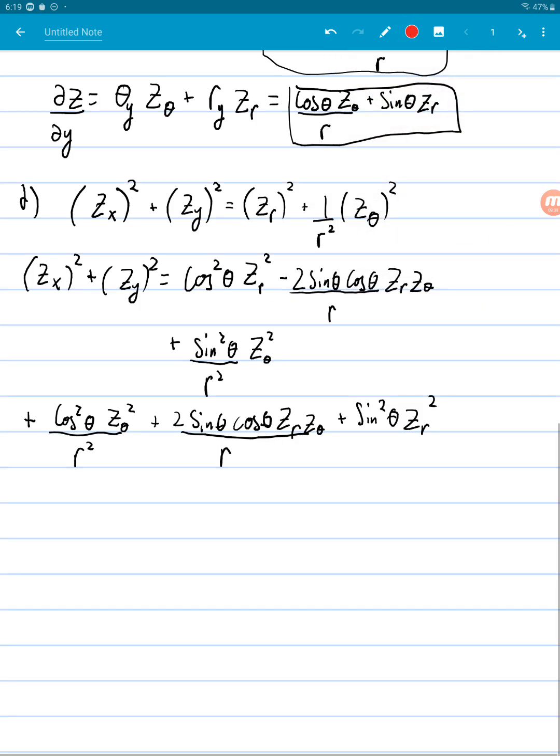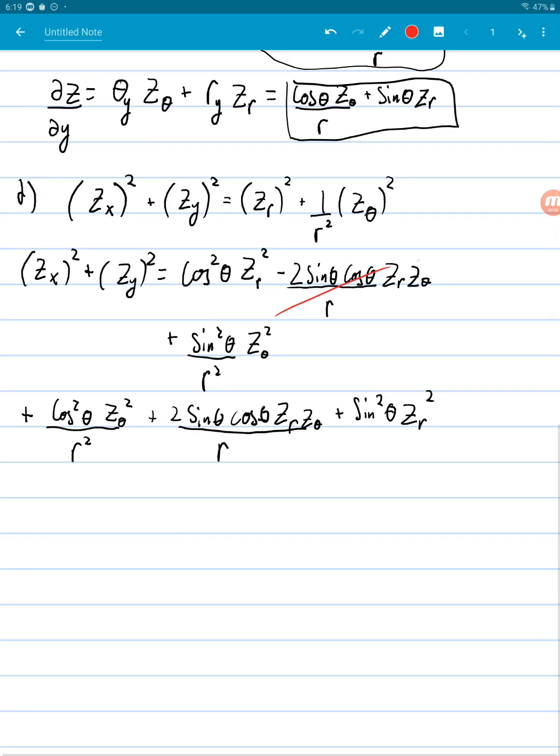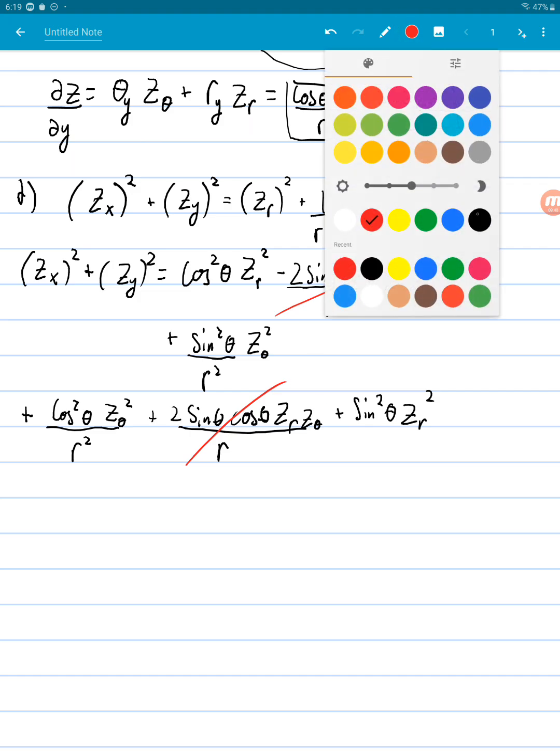Now looking at our terms, first of all, we can see that we have minus 2 sine theta cos theta zr z theta over r. Then we have a plus 2 sine theta cos theta zr z theta over r. So those will add together to 0.